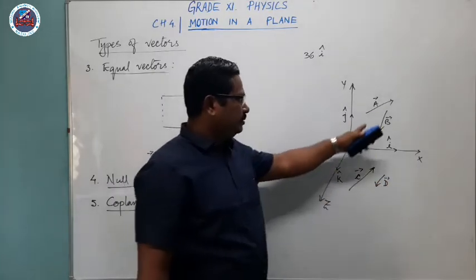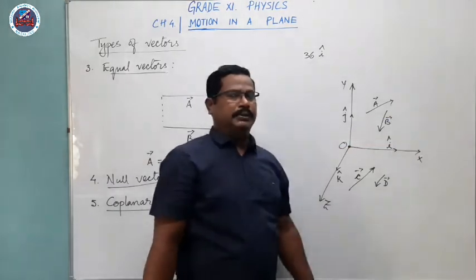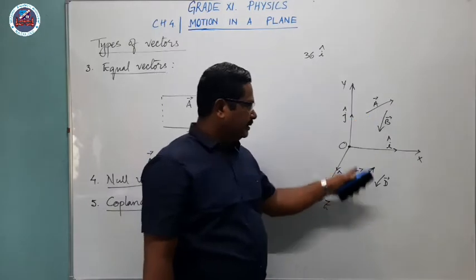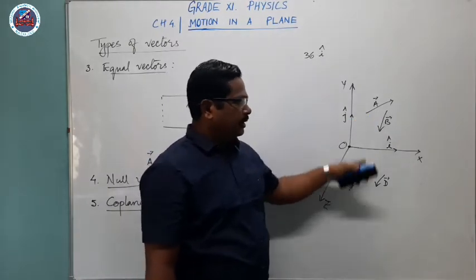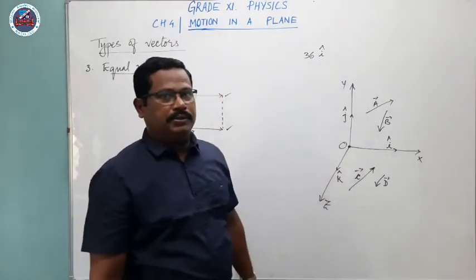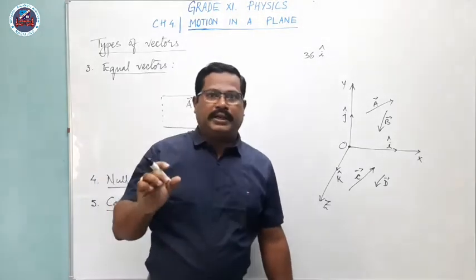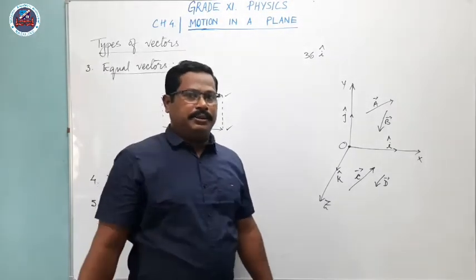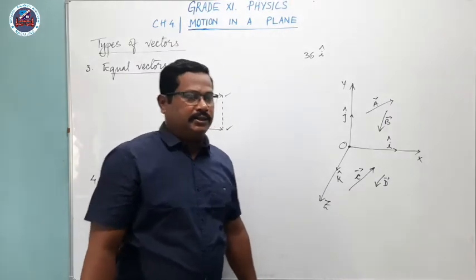Now these two vectors A and B are coplanar because they are lying on the same plane. But A and C are not coplanar because they are not lying on the same plane. So you can say that if vectors are lying on the same plane, then the vectors are said to be coplanar vectors.